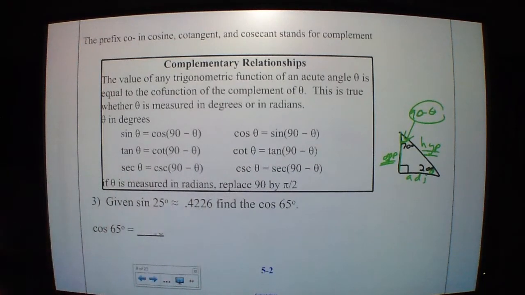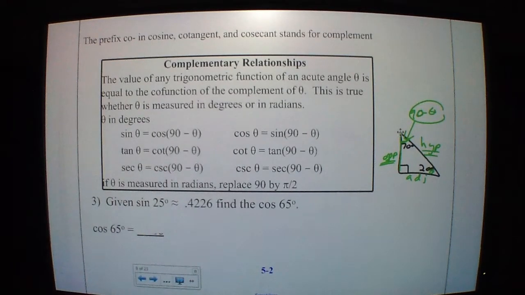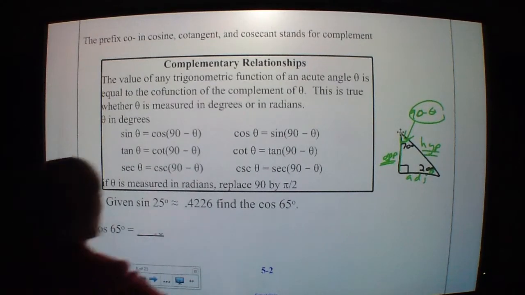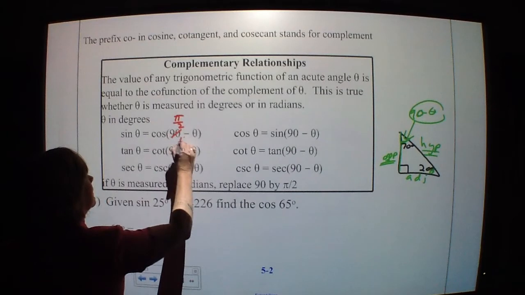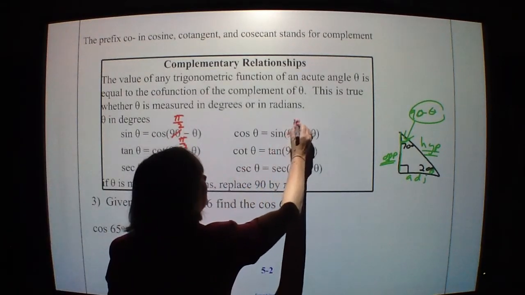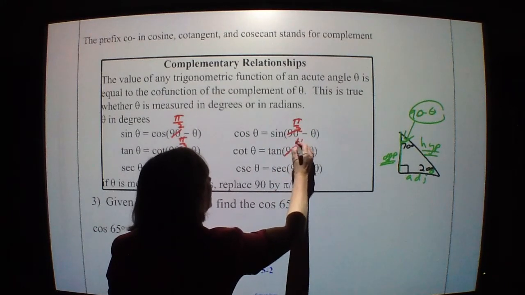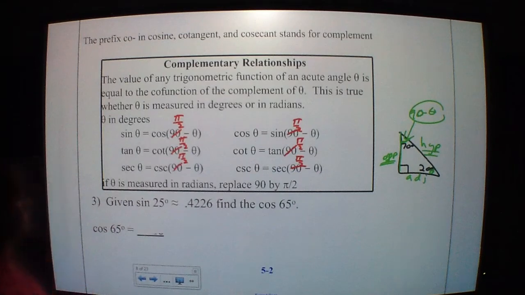So hopefully you can see that they're the same. And you can do the same thing for tangent and cotangent, secant and cosecant. And if I wanted, instead of 90 degrees here, I could switch this and do it in radians. This could be pi over 2 radians. And it works. And then the theta would be in radians. Okay?